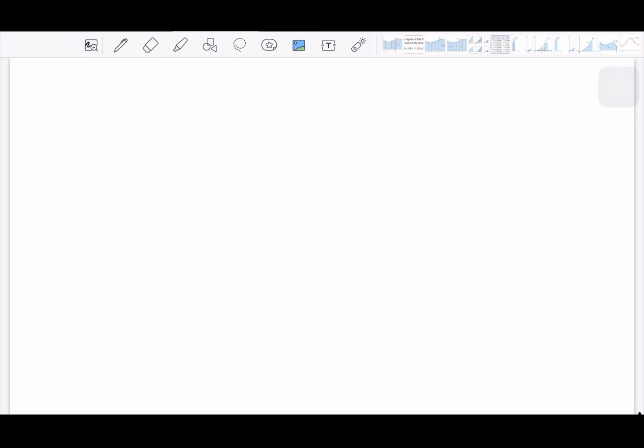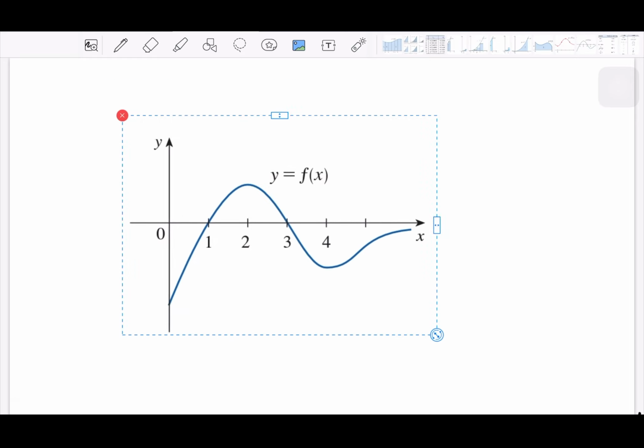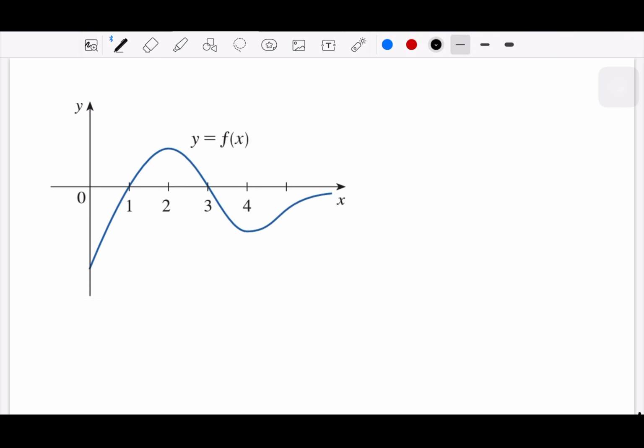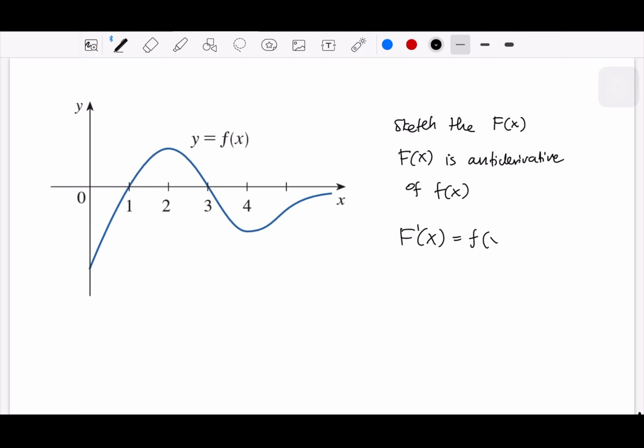So we say that we have this. Let's say, sketch f of x, where F of x is the antiderivative of f of x. So we say that F prime of x is f of x, right?